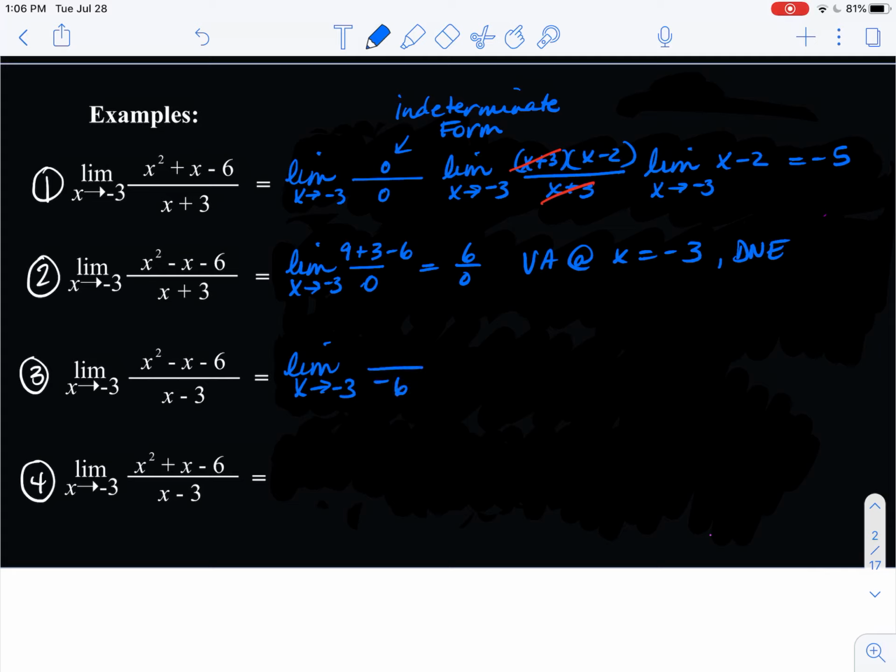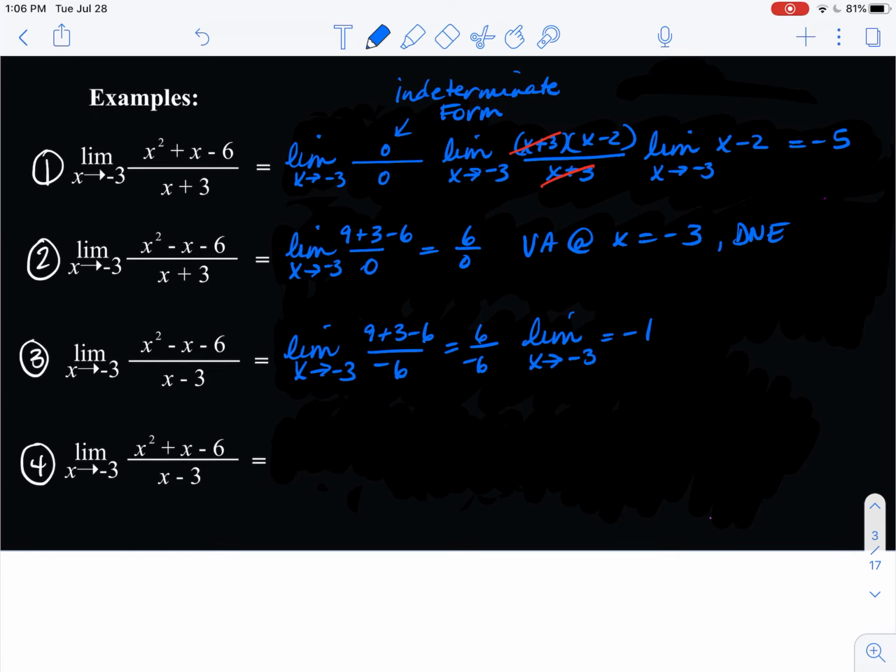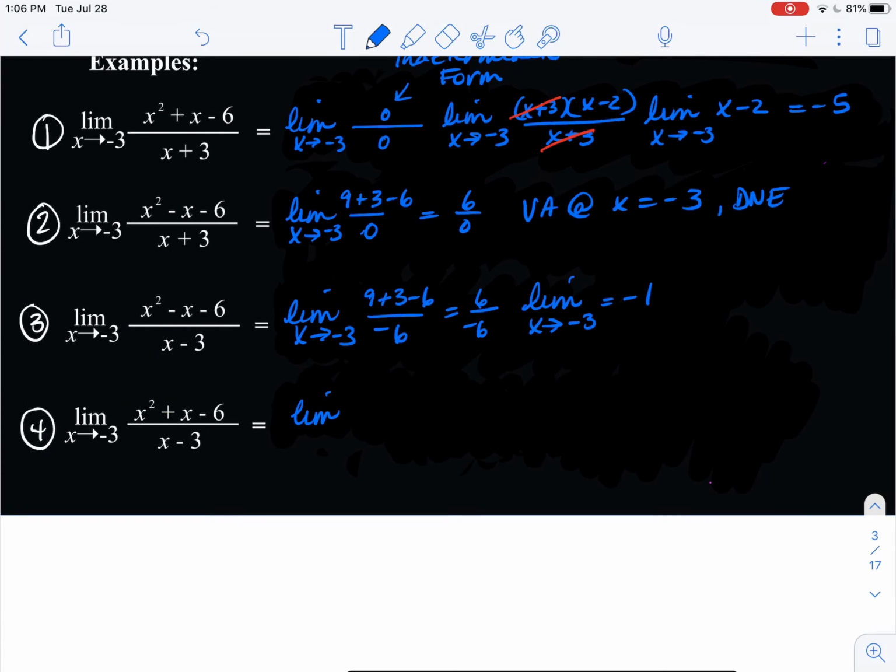In the third example, when we plug in -3, the denominator is going to give me -6. The numerator will give me, let's see, -3 squared is 9 plus 3 minus 6. So that's 12 minus 6 is 6 over -6. So the limit as x approaches -3 is -1.